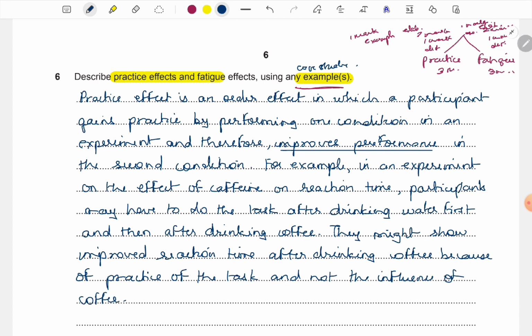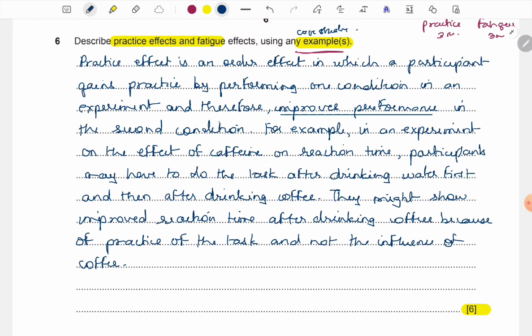Now here I don't need to give any elaboration because in the example itself, if you see, I have elaborated. I have pointed out how it is a confounding problem, a practice effect, because I have mentioned that they are not doing better because of drinking coffee or because of the manipulation. They are doing better because of the practice which they have gained.